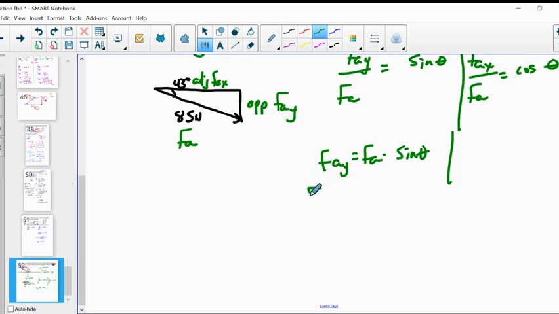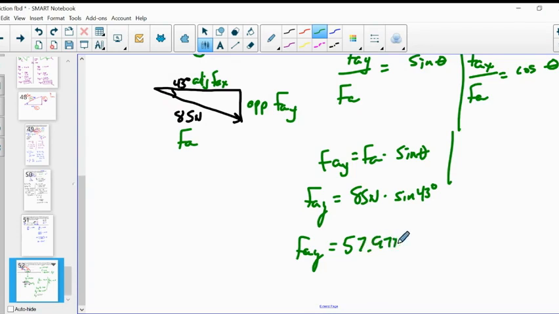So our FA in the Y direction would be our 85 newtons times the sine of 43 degrees, and that equals 57.97 newtons. So that's our FA, our applied force in the y direction.